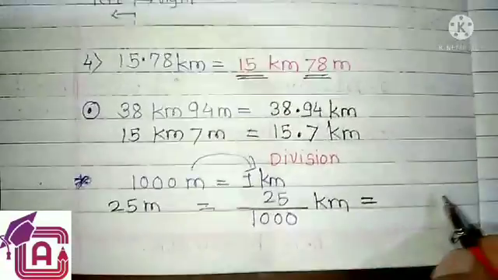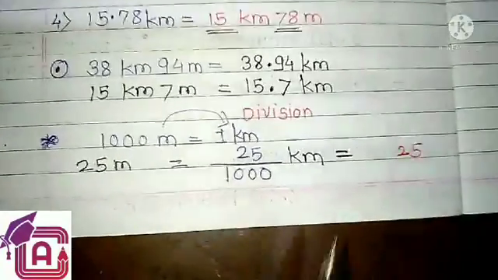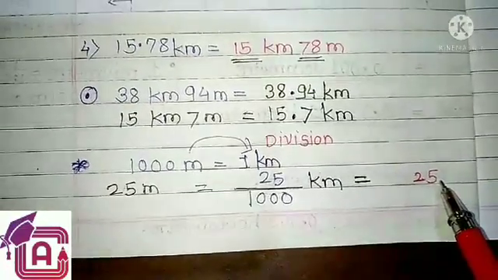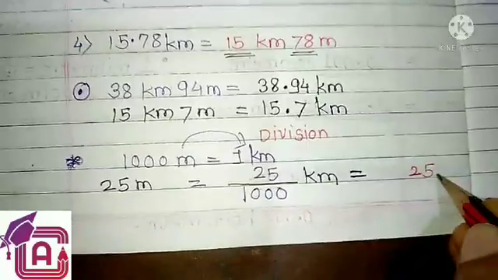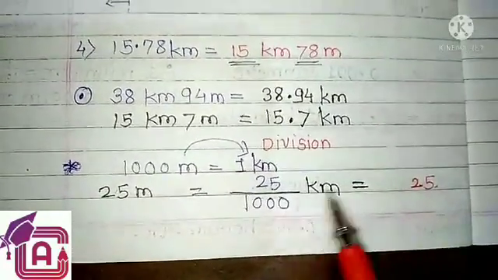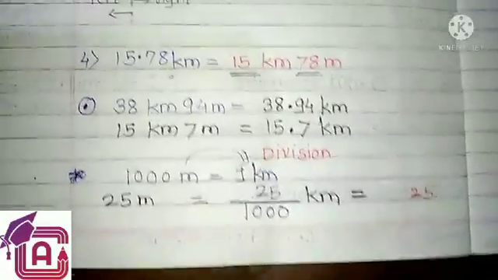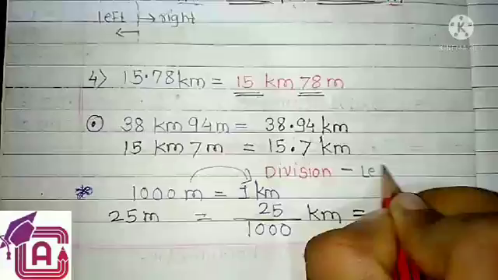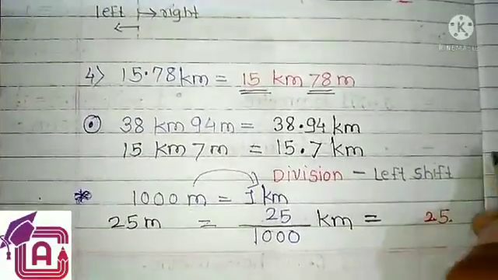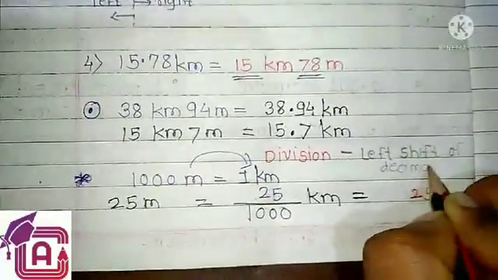First write down the given number, that's 25. Now what we have to do? Now this decimal point is here. I am drawing with a pencil, don't consider it. This is now present here. And now we have to shift this, because the operation is division. We have to do a left shift of the decimal point.